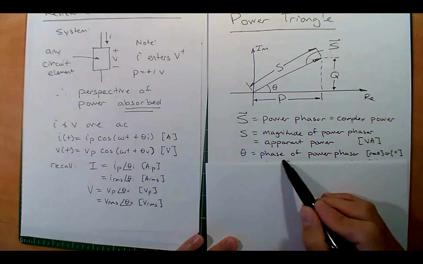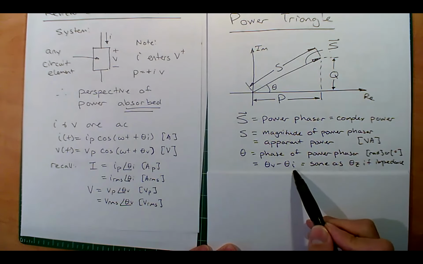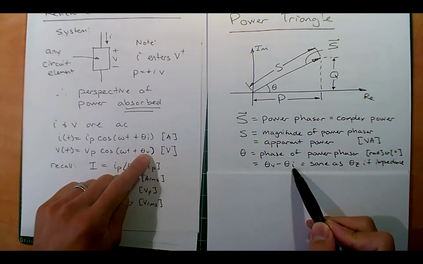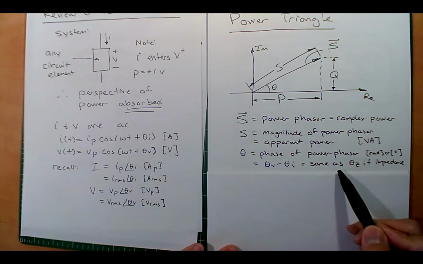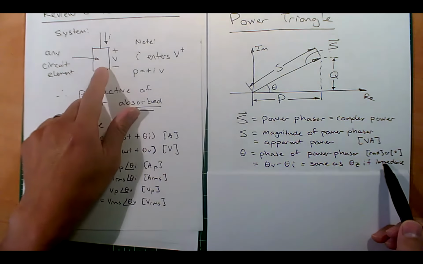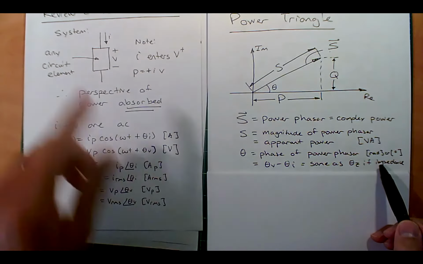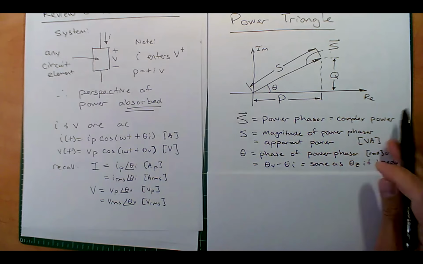Theta is the phase of the power phasor, and it's defined as theta V minus theta I. So it's the phase of the voltage minus the phase of the current. By the way, this is the same as theta Z if this was an impedance. This doesn't have to be an impedance, but if it is, theta V minus theta I is theta Z.